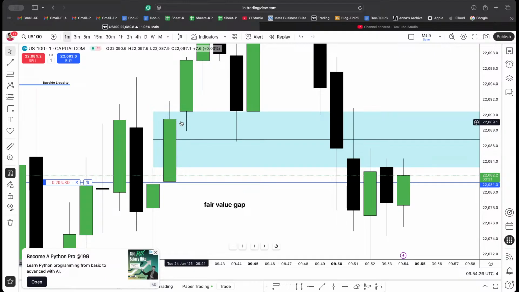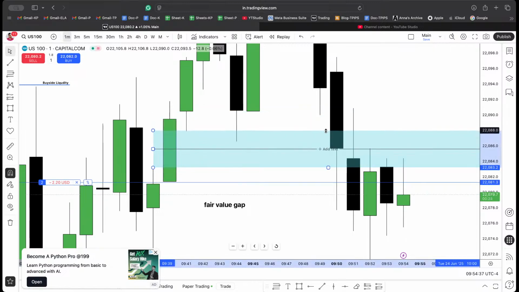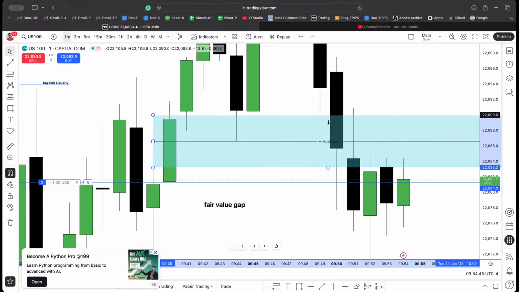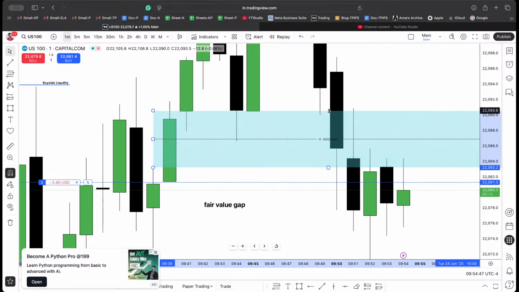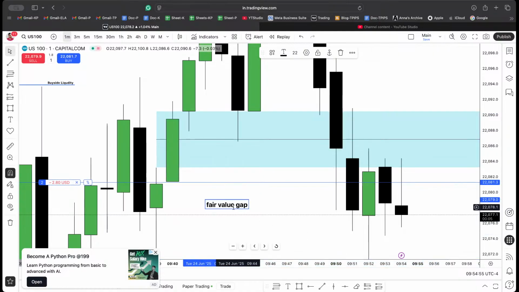But you can see that I have not marked it like this. This is because there is a volume imbalance which is accounted for and priced in and monitored here. So this is a fair value gap, which is used for our entry periods.